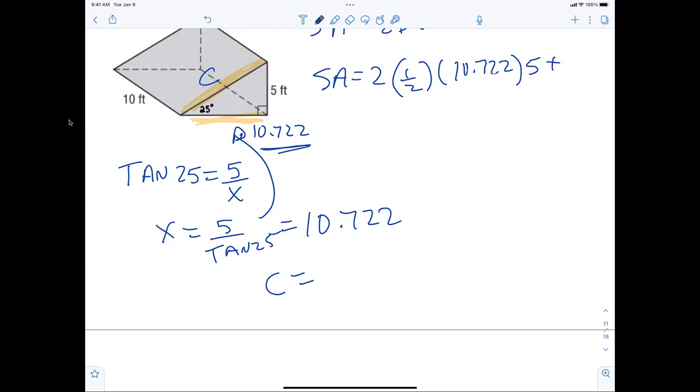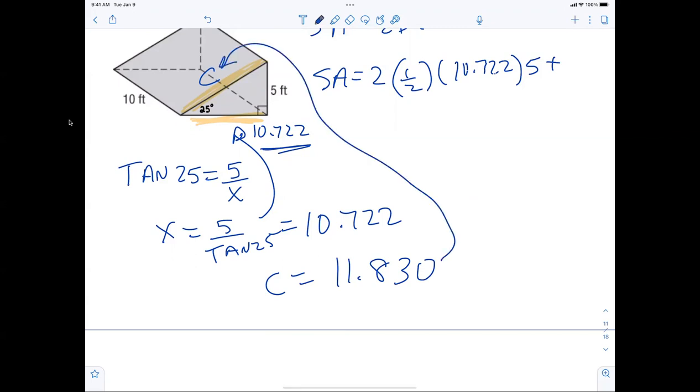So what's c? It's like 11.838. 11 point what? 830. Anybody else get that? Yeah. Congratulations. All right, so that is in fact c.